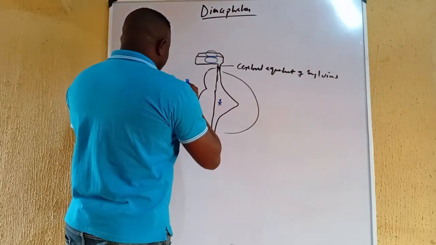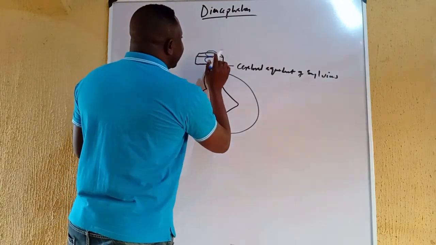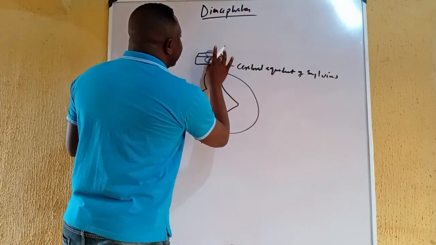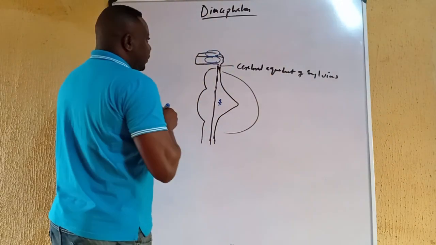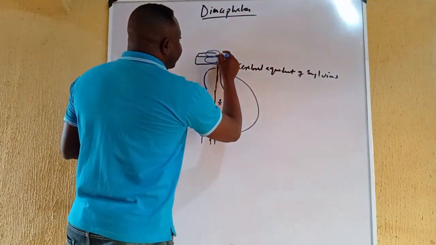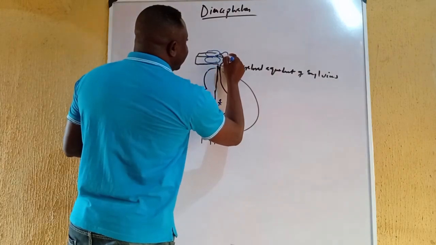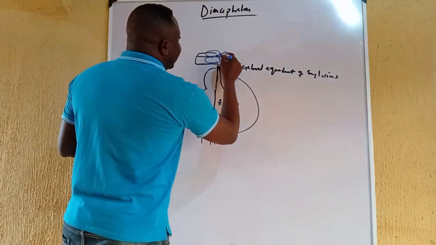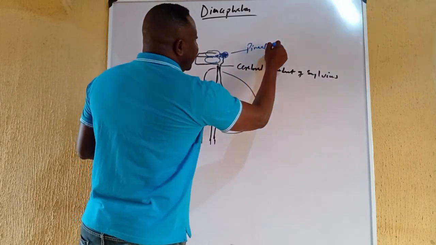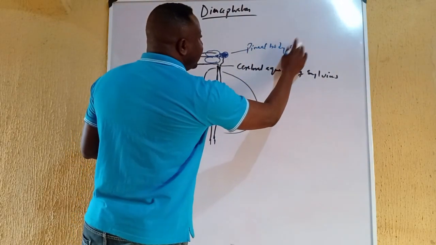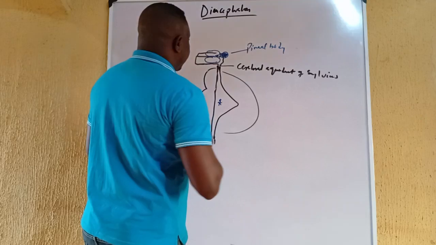Now let's assume that you go back posteriorly. You have a structure here. This structure is called the pineal body. If you don't call it the pineal body, you call it the pineal gland.